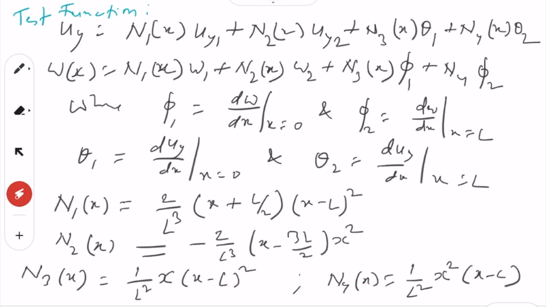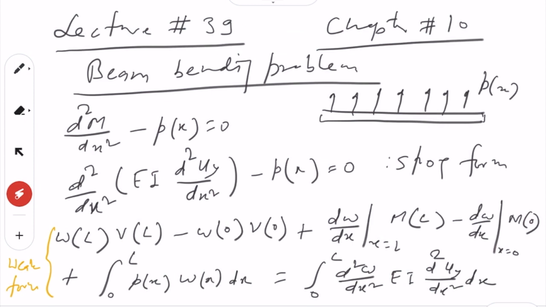Okay. So now everything is ready. The only thing that remains now is to use those values in the weak formulation, and that's it. So let's put these values. So we already have the w at L, is what? w at L, we call it w2. So all this expression we can write accordingly, right.